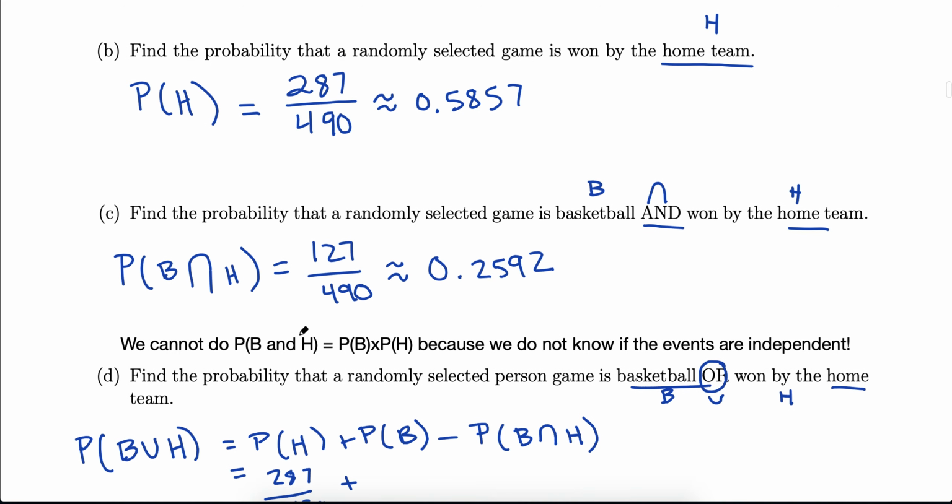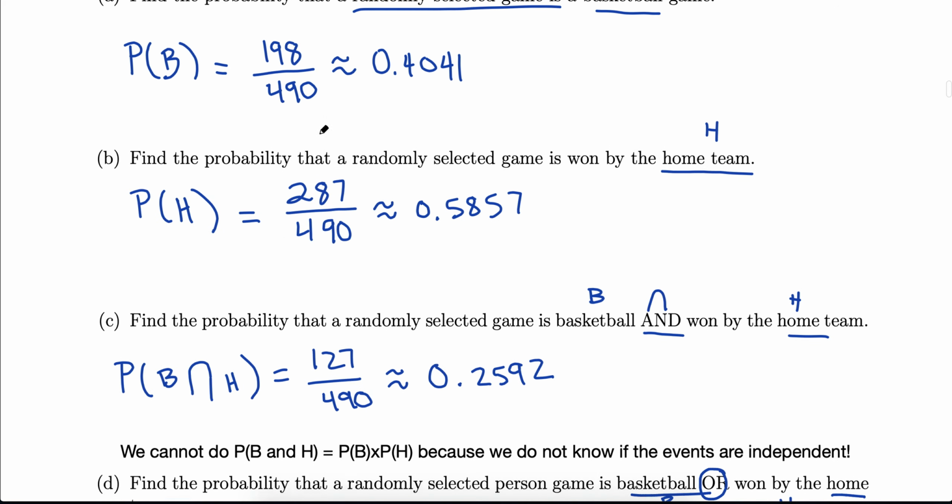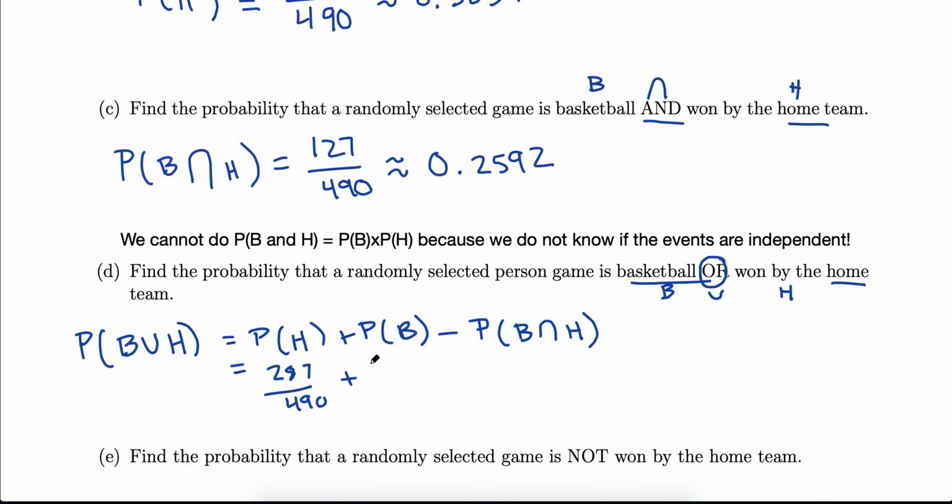B was 198 out of 490. And then that overlap, or what they shared in common, was the 127 games out of 490. If you work that out, you can either leave it as a fraction, don't worry about simplifying, or if you write it as a decimal, you get 0.7286.